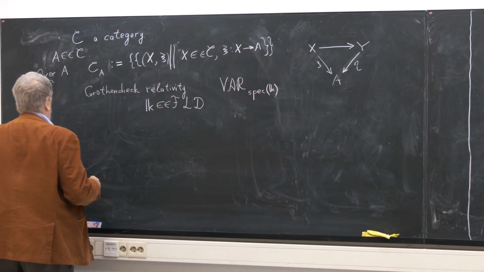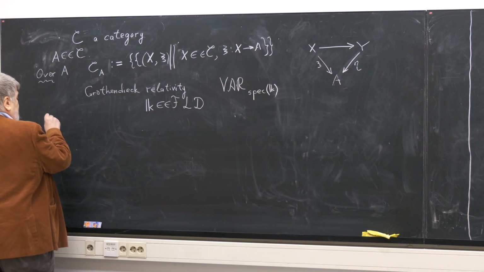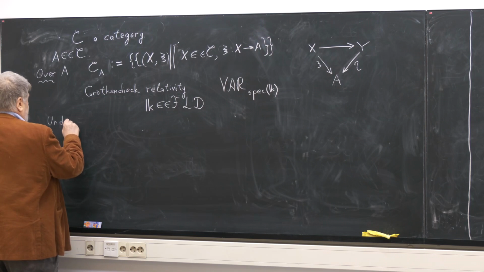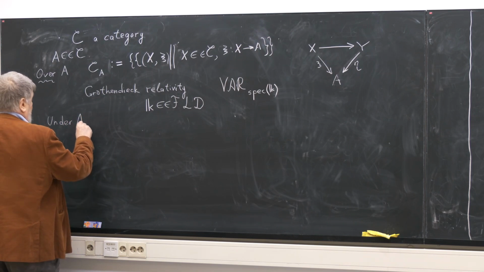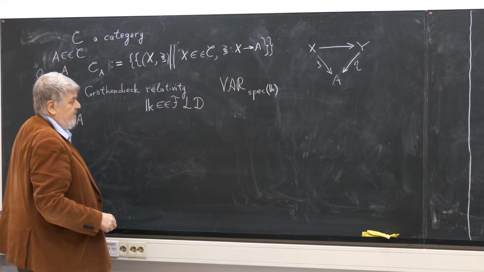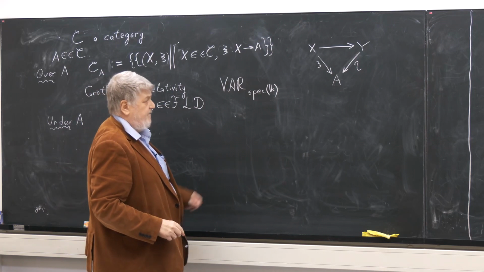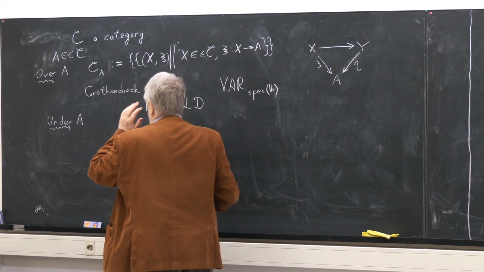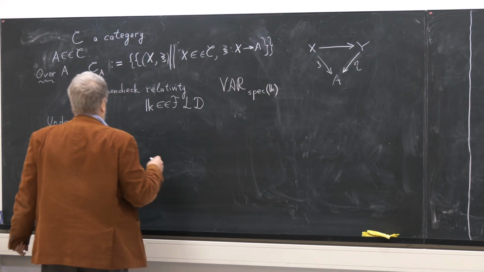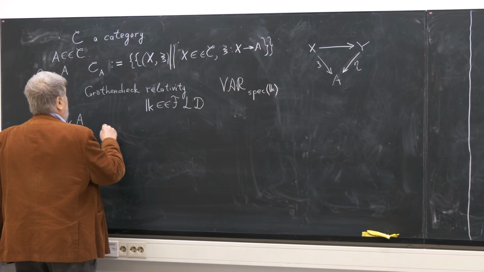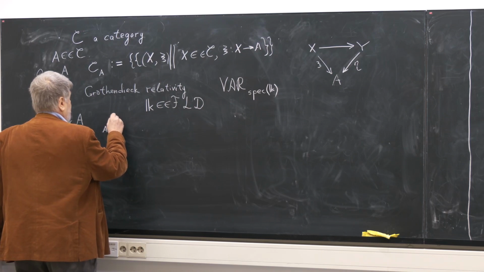So this is just an example. A dual one is the category under A. It is not so good in terms of the non-linear semiotics. We just reverse all the arrows. However, I spend some seconds to write it down.